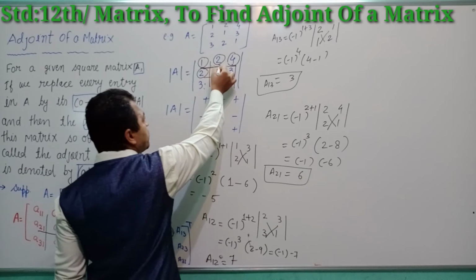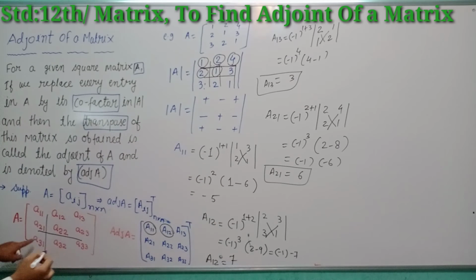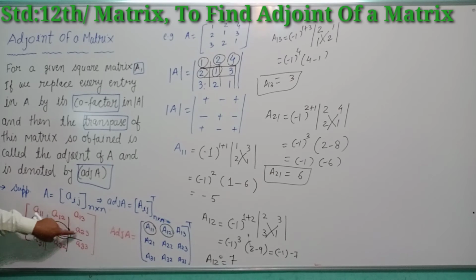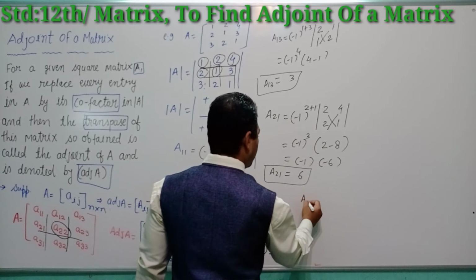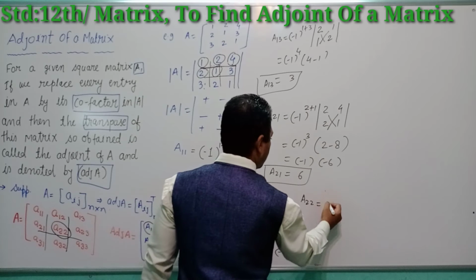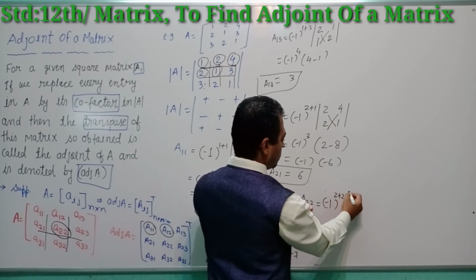Similarly, you will find out the cofactor of 1, which means the cofactor of A22. Discard these elements and these elements, so you will write A11, A31, A13 and A33. A22 means second row, second column, 2 plus 2.